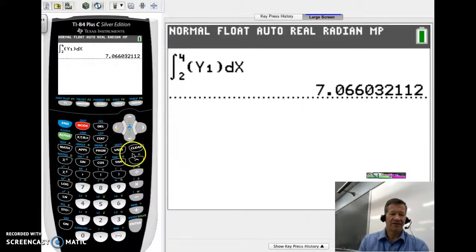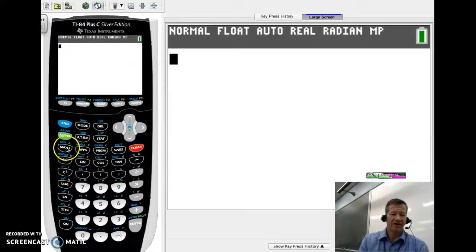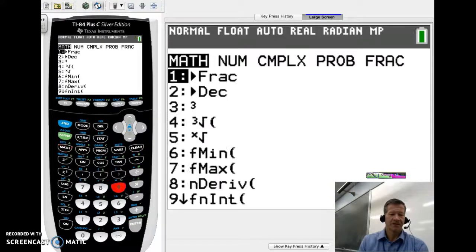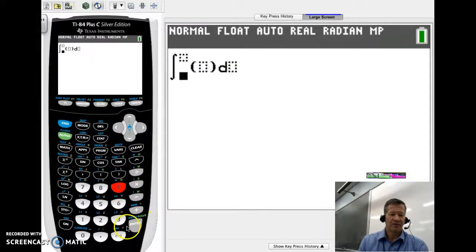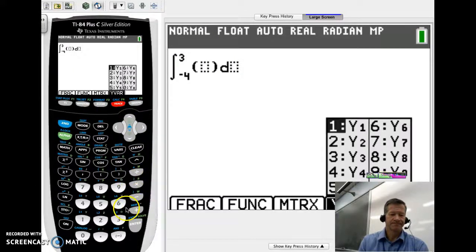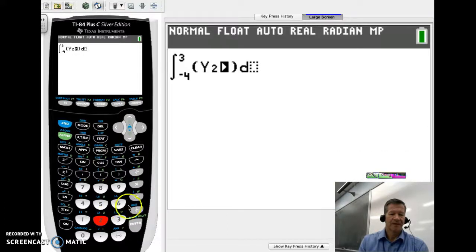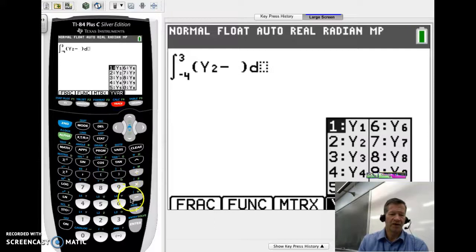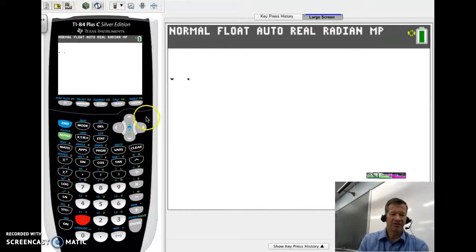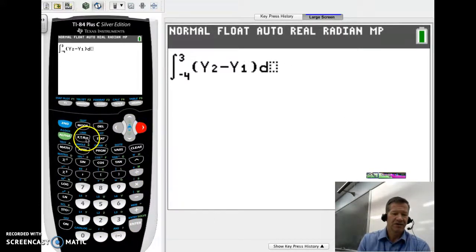Let me clear that out, math number 9 to get fnInt, and we will go from -4 up to 3 of the line, which I had put in y2, minus the parabola, which I entered into y1. Make sure you know where you have each function in there so you subtract in the right direction.